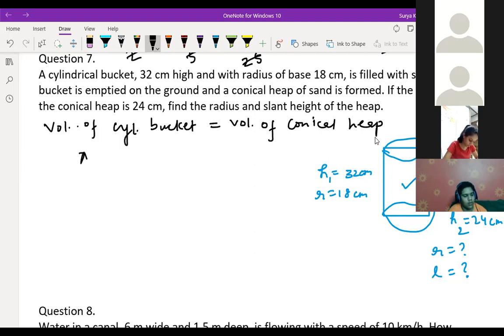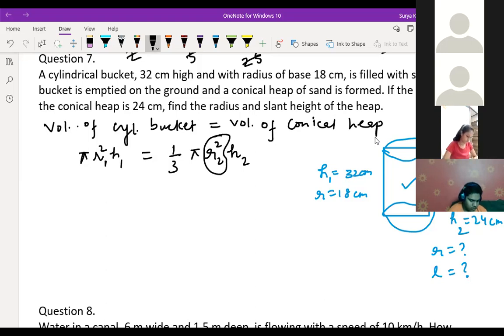So pi r square H1 is equal to 1 by 3 pi r square h2. So by solving this one, you will get what, children? You can get r over here. You can find r. Is it clear?